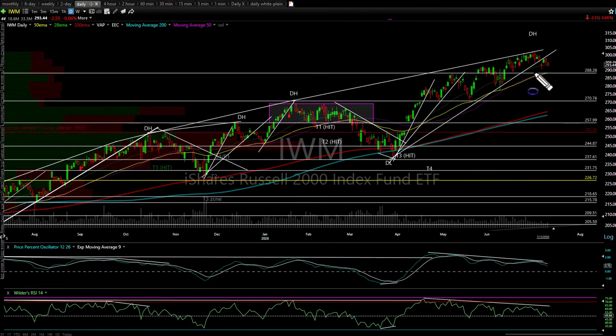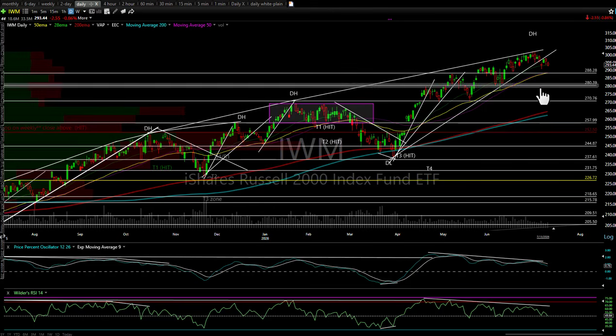We broke down here, back tested it. Let me try to get the right color tool. Breakdown, back test, moving lower. Need to take out this 228-ish support. I'm going to give you one more level here. They'll probably step in and buy unless there's a big sell off with the Nasdaq or the S&P.